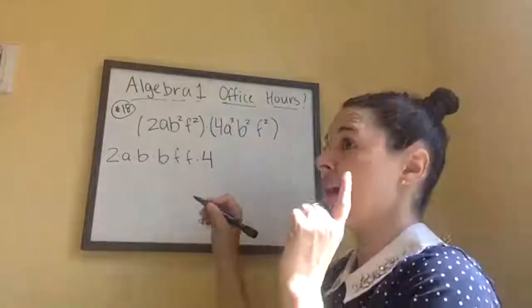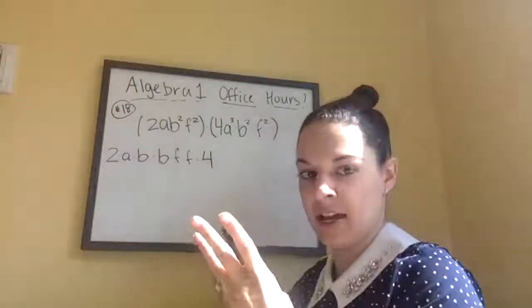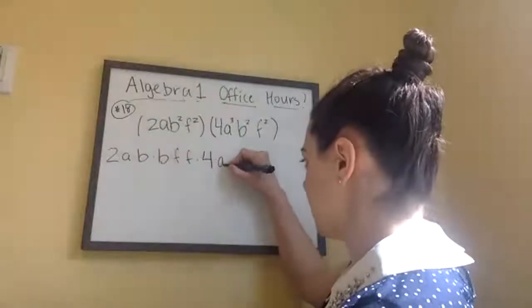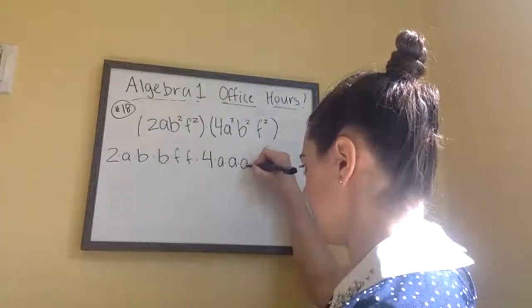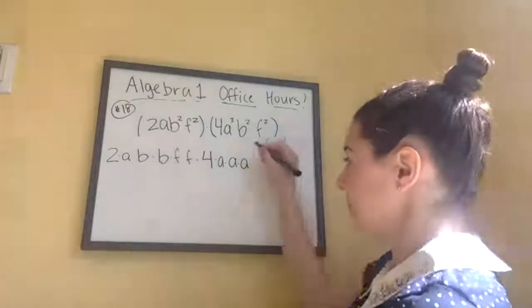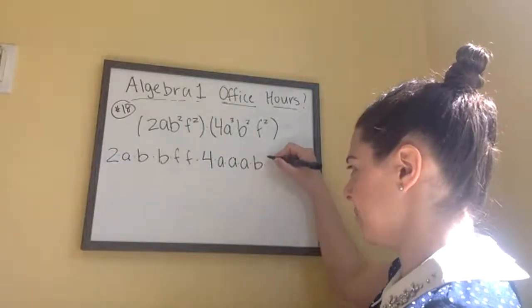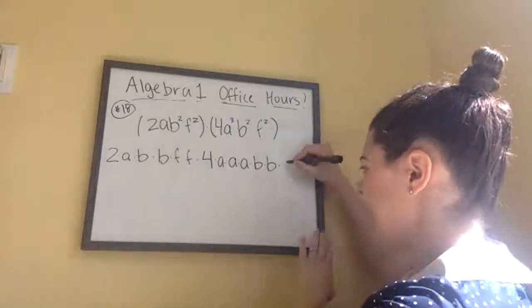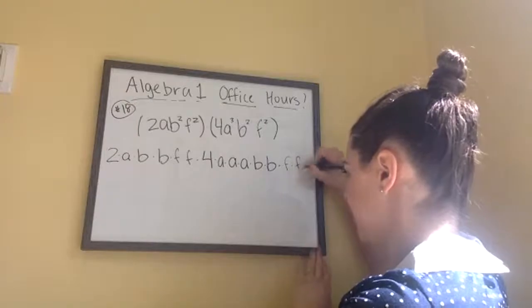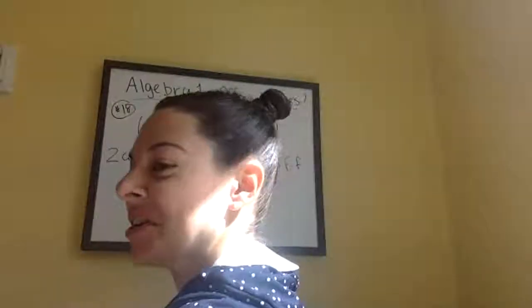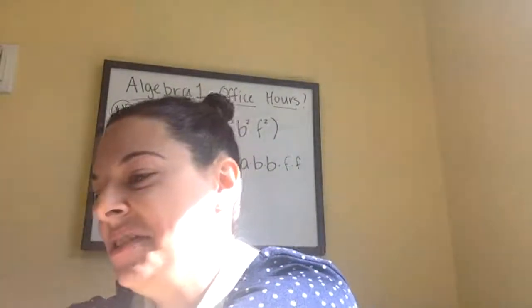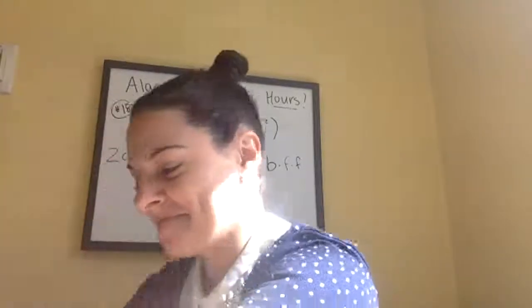That means I'm going to do a times a times a, 3 times. Times b squared, which is b times b, and f squared, f times f. I'm going to switch up some colors so that you can see where everything's coming from.